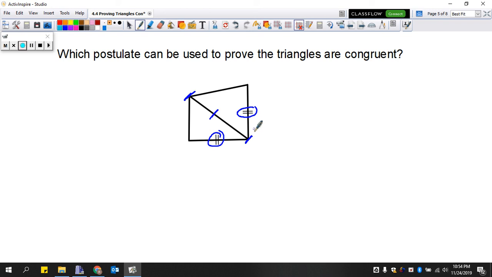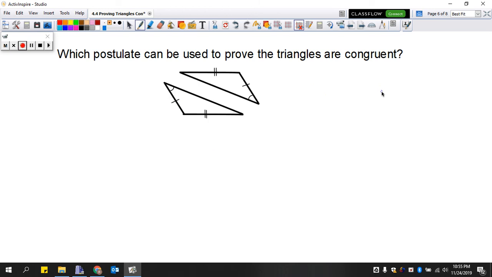And that is the only thing that we can use, because we don't know anything about the angles or anything else. So we don't have any way of saying whether they're congruent or not. Okay, so we're going to say that the two triangles are not congruent, because we can't use any of the postulates to tell us that. Okay?